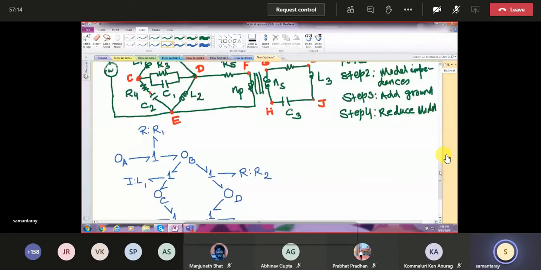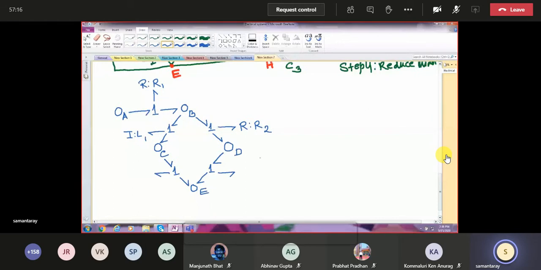And on the other side, we have R4 and C2, which carry the same current. So basically, I put a one junction, R is R4, C is 1 by C2. So this whole thing, R4 and 1 by C2 at a one junction, is the impedance.